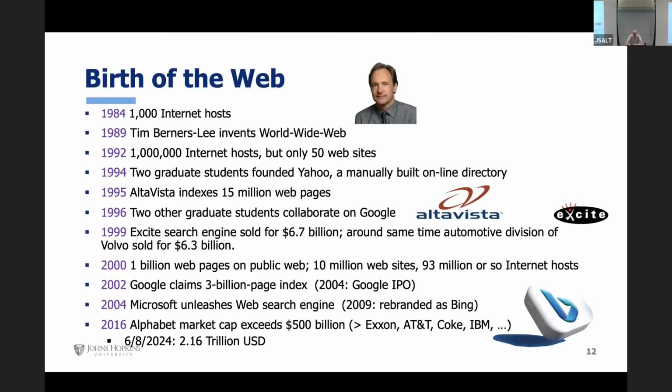By 2000, there were 1 billion public web pages, and a 3 million page index by 2002. And Bing came along. Alphabet market capitalization, I looked this up a few days ago: the market cap for Alphabet is over $2 trillion. So information retrieval is a big deal in the business world.